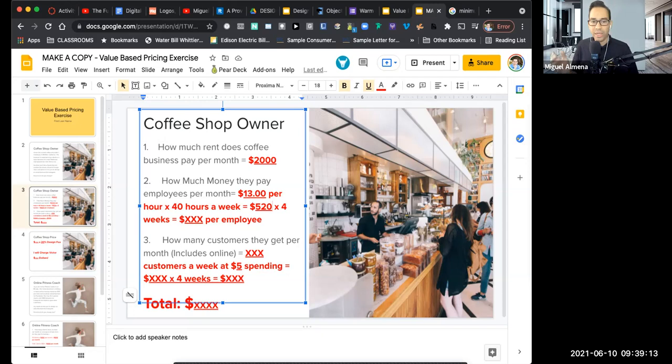And how many weeks in a month? 4 weeks on average, unless you have January or I think July, which is 5 weeks. So you make more money in January and July for those folks that get paid weekly or bi-weekly. So $520 times 4 weeks is $2,080 per month for that one employee.